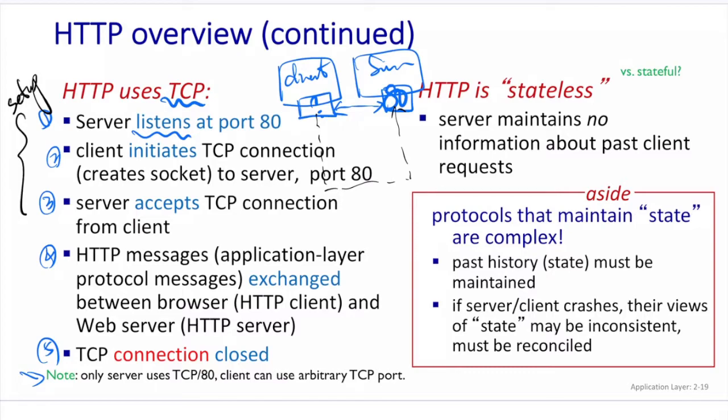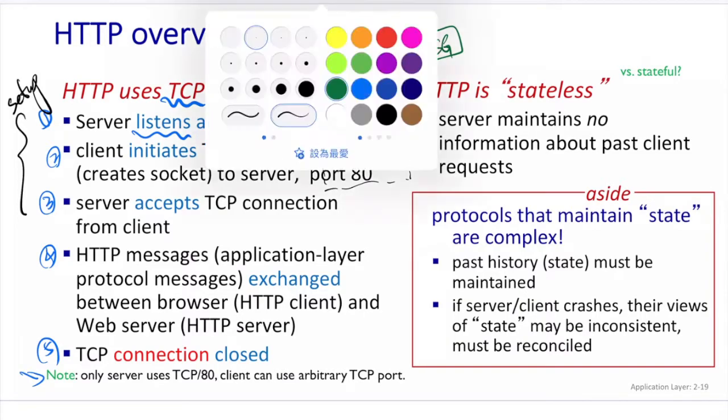Okay, that is setup. Before you send any message, you have to connect these two sockets and exchange certain parameters. Okay, so that's setup. And step number 4, the client and server can exchange messages. So the message goes down right here, and it goes up to the server, for example.